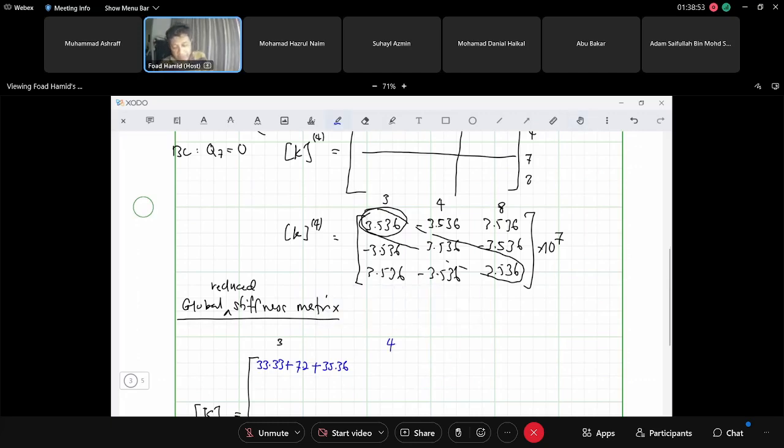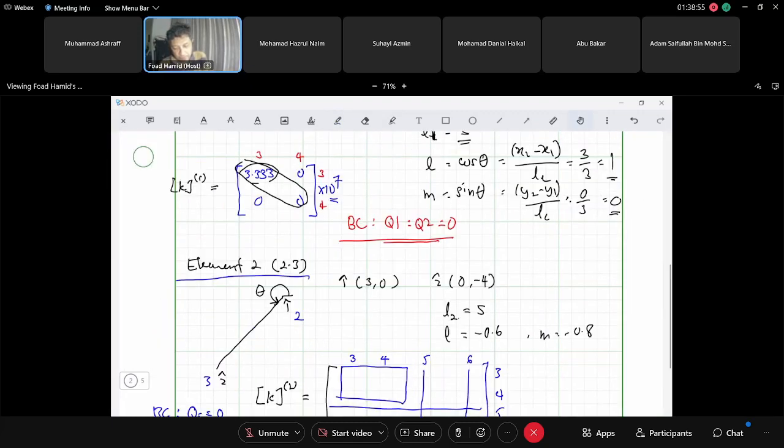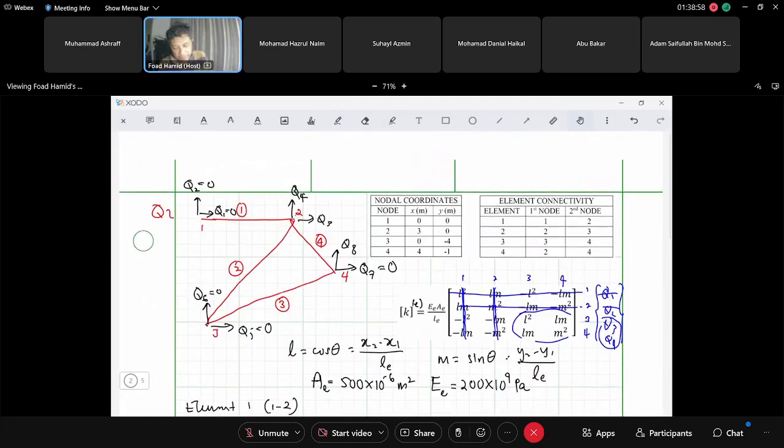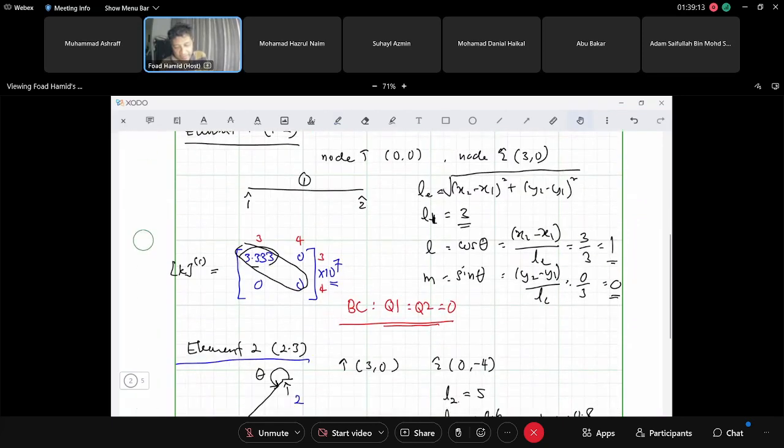So let's look at number 4. 4 is again the same thing. Element 1, element 2, and element 4 are sharing at node 3, degrees of freedom 3 and degrees of freedom 4. So element 1, nothing, no contribution.